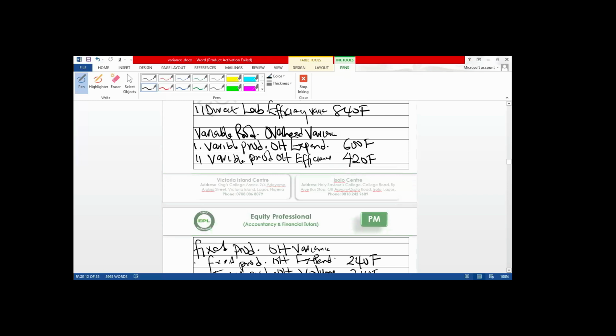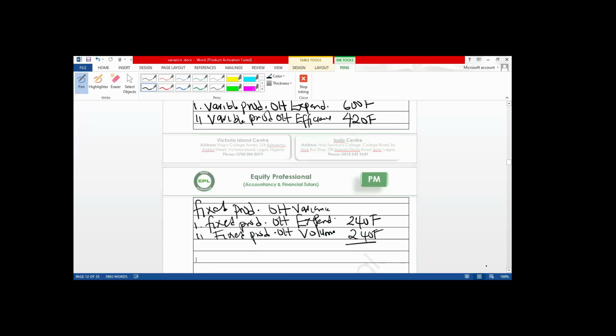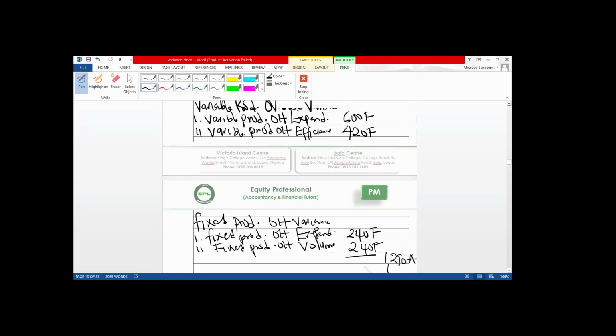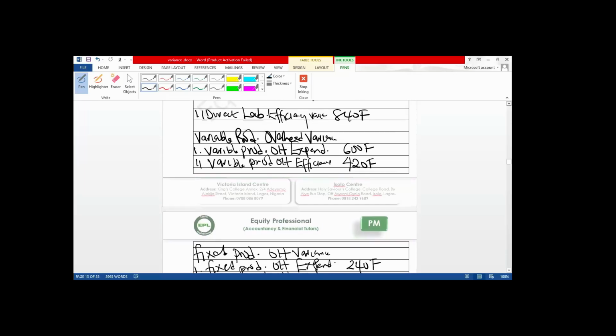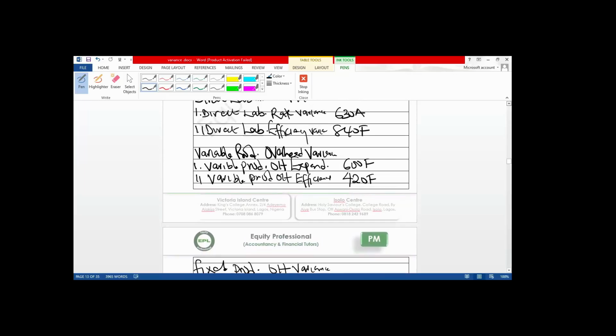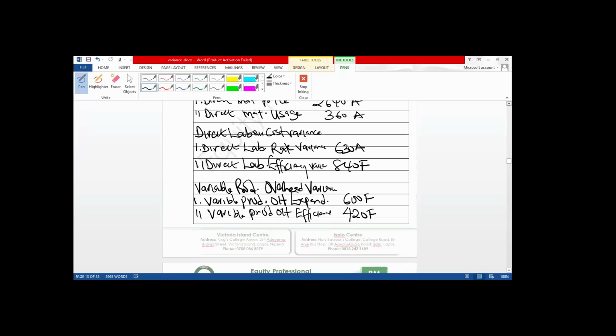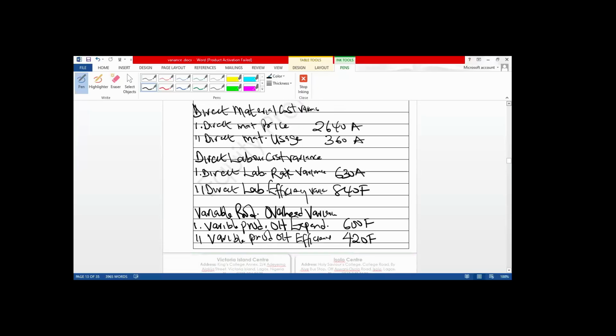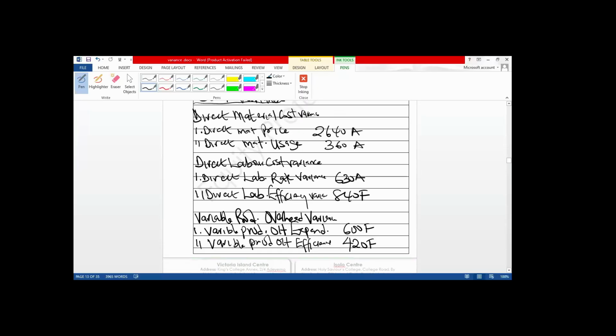Where you have F, that is positive. What do you have here? You should have 1,290 adverse. If you compute correctly, you should have 1,290.